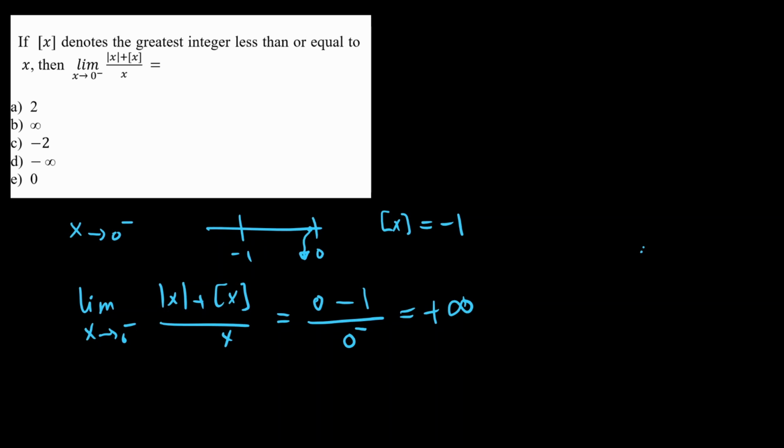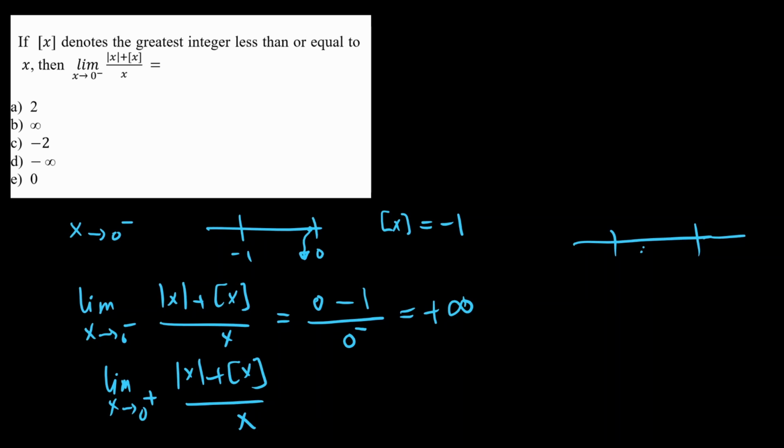Now it is also interesting to observe the limit as x goes to 0 from the right, which is not required in this exercise, of the absolute value of x plus the greatest integer of x divided by x. Now look at the value of x, which will be very close to 0, but from the right here. So this is between 0 and 1, and we will pick up the very first integer to the left, which is 0.